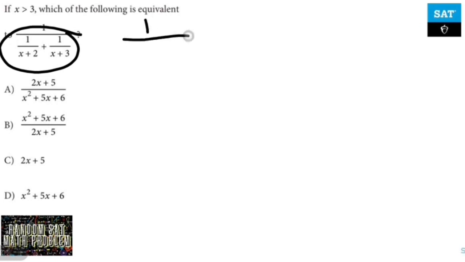So I have 1 over x plus 2 plus 1 over x plus 3. This is my denominator of the entire thing. What I want to do is have least common denominators for these guys. Now, there's nothing in common. And don't be like, sure there is, there's x's in both. Great.